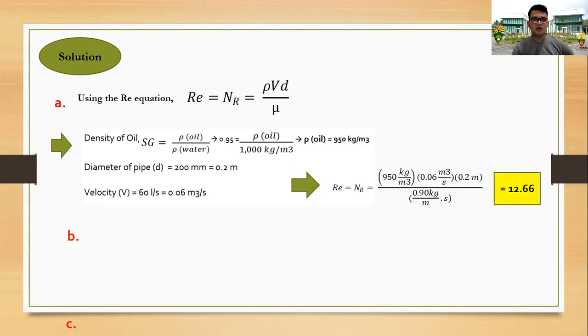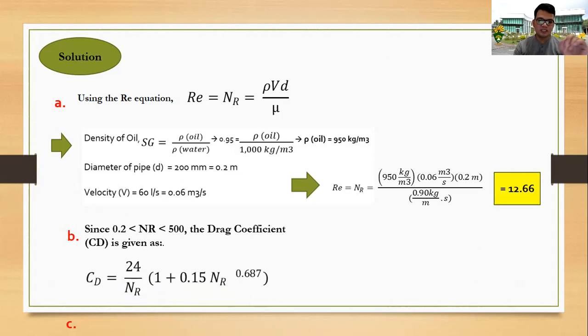So where does 12.66 belong? Which formula from our discussion earlier depends on the Reynolds number for getting CD? It belongs to the range 0.2 to 499. Meaning, the drag coefficient formula we will use is the formula we discussed previously for that particular value of Reynolds number, which is 12.66.